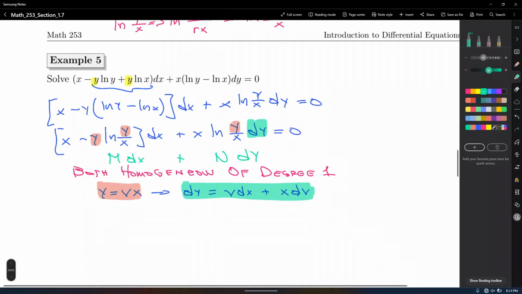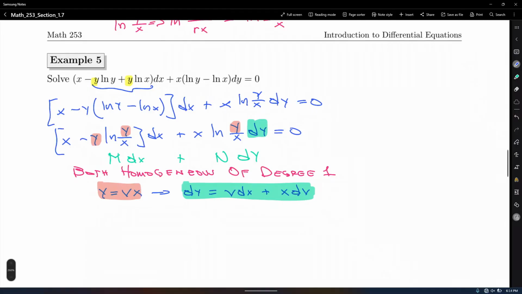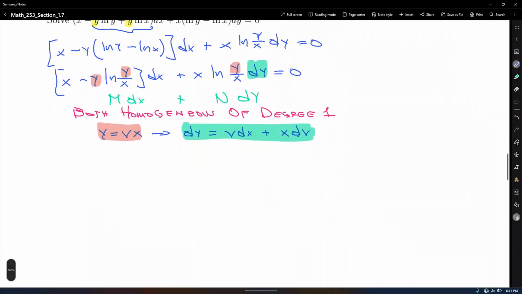Take a deep breath because there's a lot going on here. So x minus y, which is vx, ln of y, which is vx, over x, all this multiplying dx. For dx, we don't do any substitution.